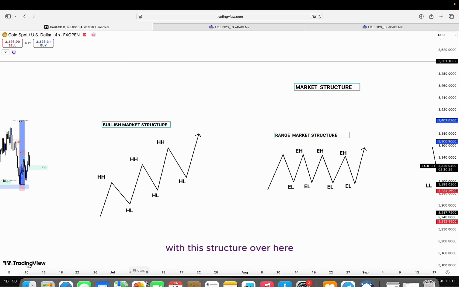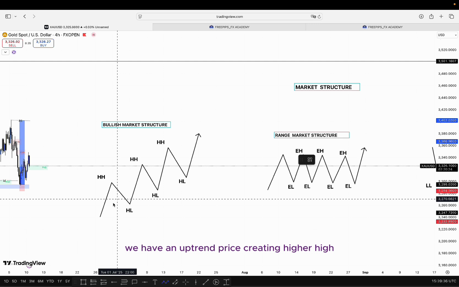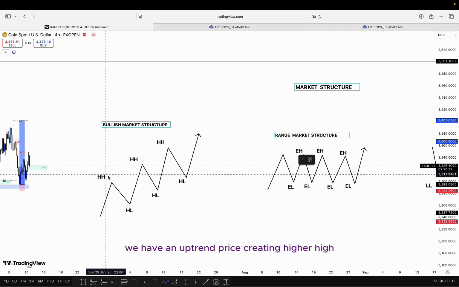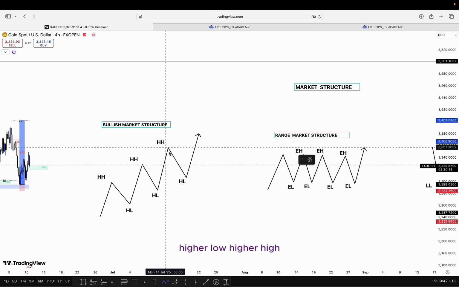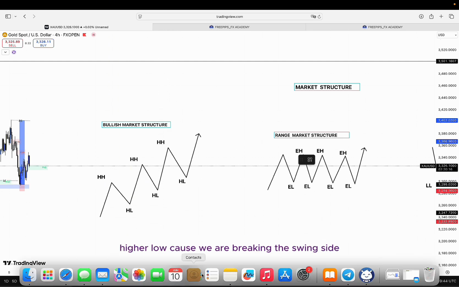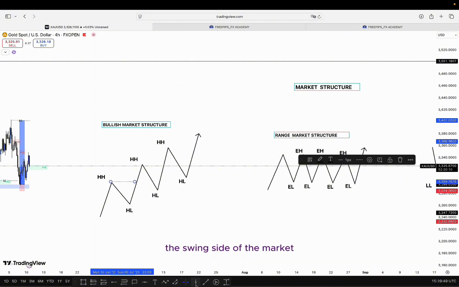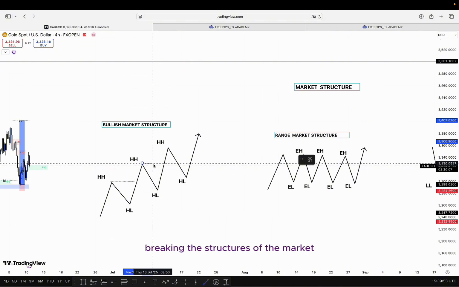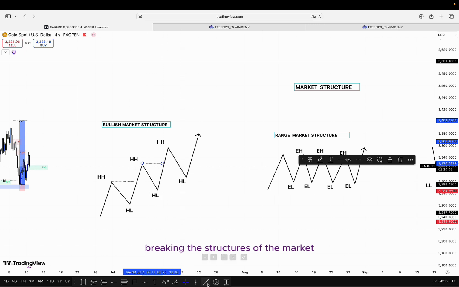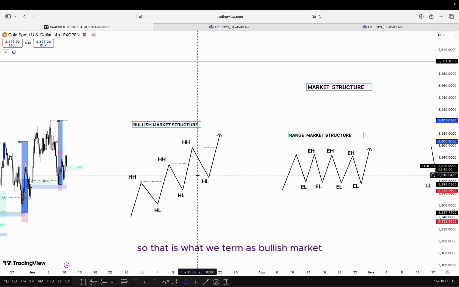With this structure, the skeletal style of this structure, we have an uptrend: price creating higher high, higher low, higher high, higher low, higher high, higher low, because we are breaking the swing highs of the market, the tops of the market, breaking the structures of the market. That is what we term a bullish market.